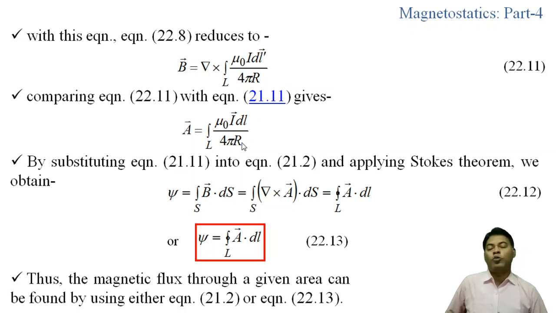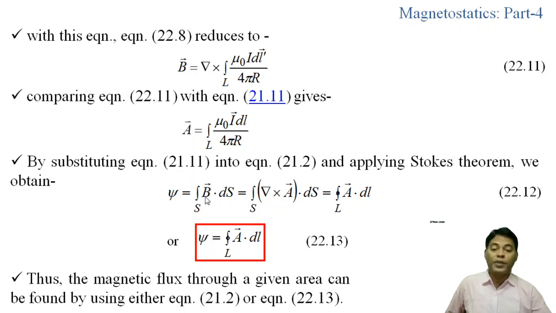Now, as we have calculated the magnetic vector potential, we can represent the total magnetic flux in terms of the magnetic vector potential. How? We know the total magnetic flux psi equals the surface integral of B dot ds, that is Maxwell's equation.